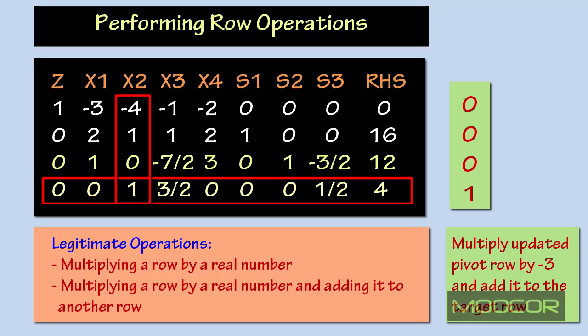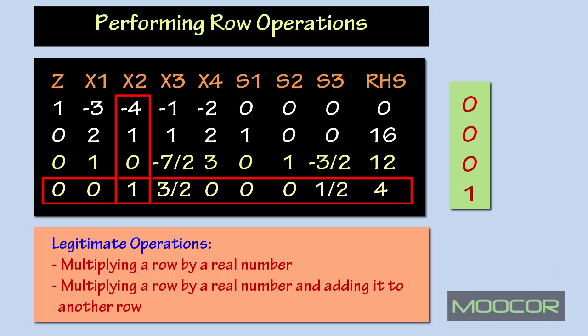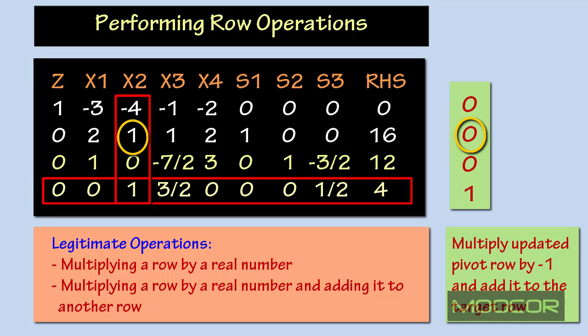The next one will be the other element of the x2 column, which is 1, and it needs to be converted into 0, so it is easily done by multiplying the updated pivot row by -1 and adding it to that row.